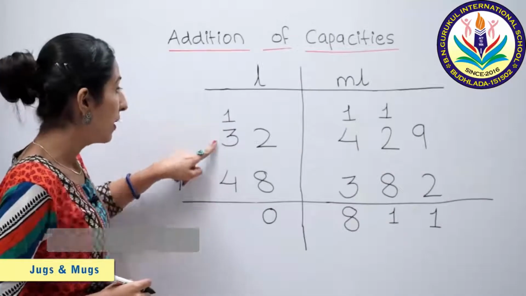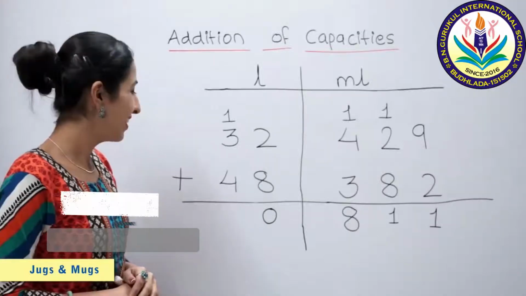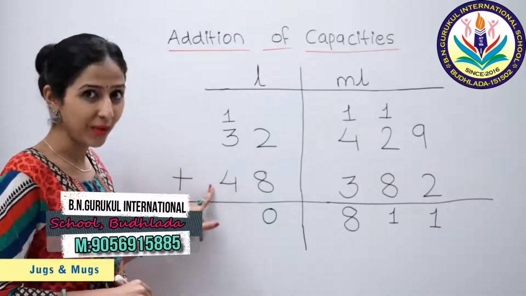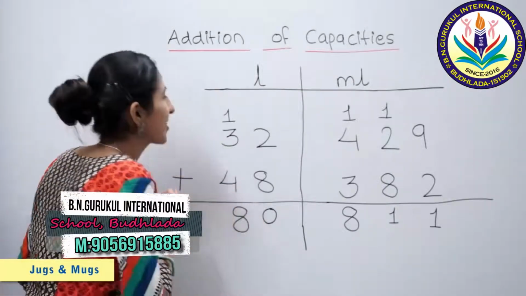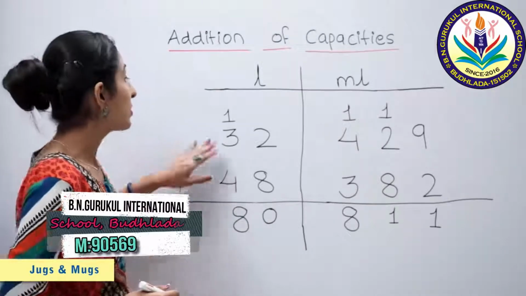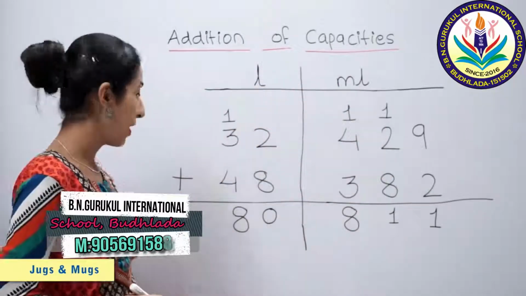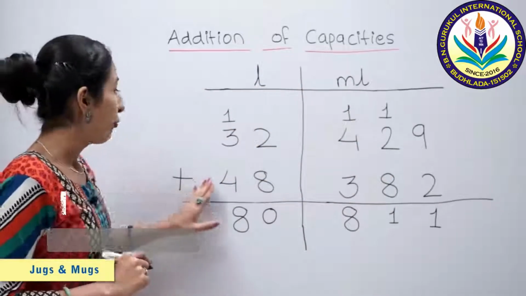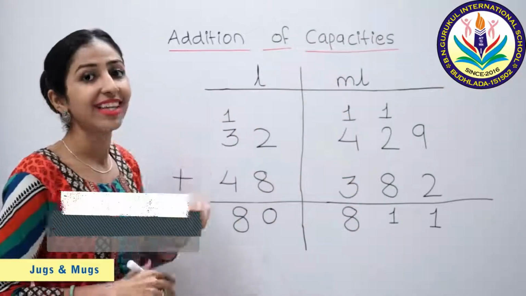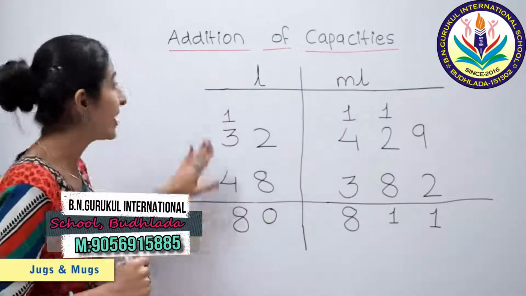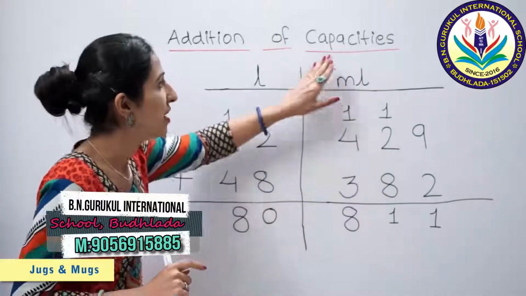Now 1 plus 3 is equal to 4 and 4 plus 4 is equal to 8. So 32 liters, 429 milliliters plus 48 liters, 382 milliliters is equal to 80 liters and 811 milliliters.